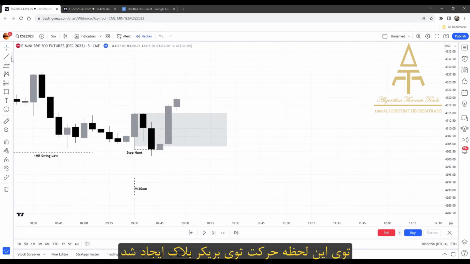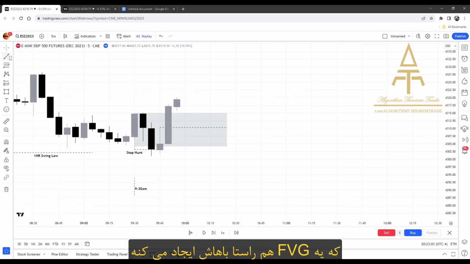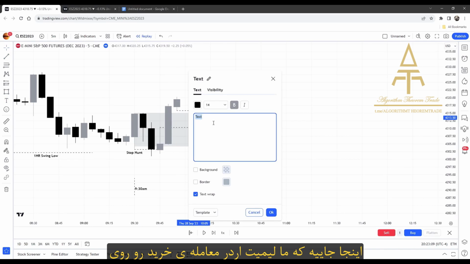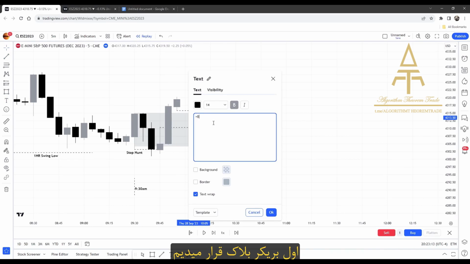At this moment in time, you get the displacement through the breaker block that leaves an FVG that is aligned with it. This is the first moment in time that I would be placing a limit long at the beginning of the breaker block.